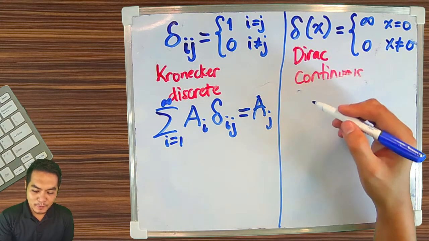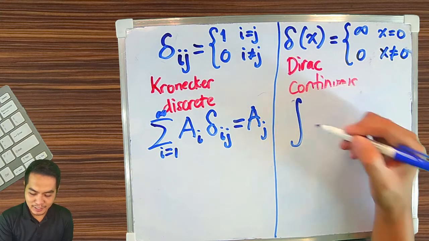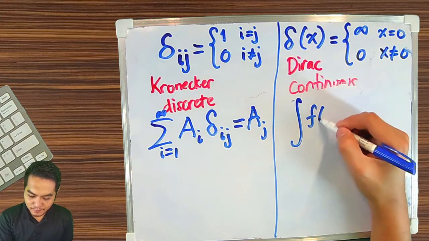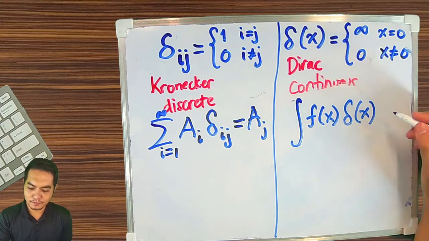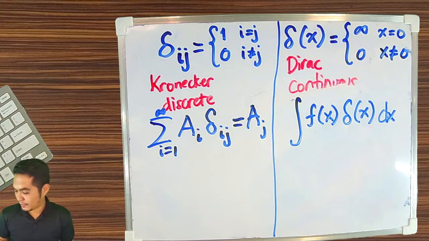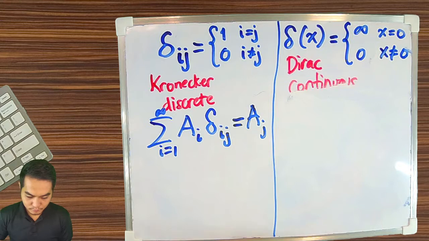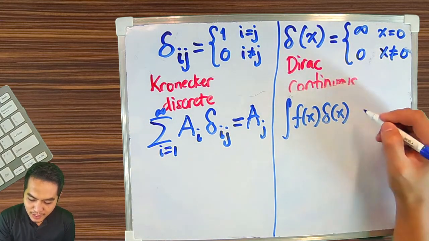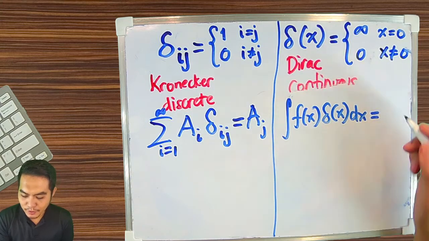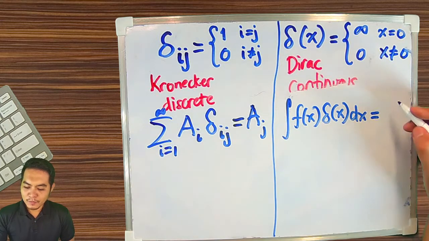On the other hand, say you have a delta function in an integration, with a function of x, f of x, times the delta function, dx. Similarly, if you have a Dirac delta inside your integral, then you don't need to integrate.